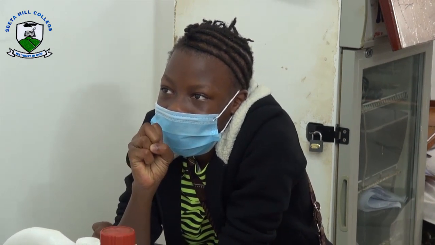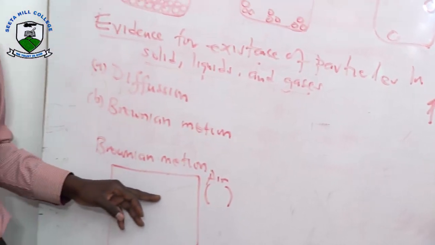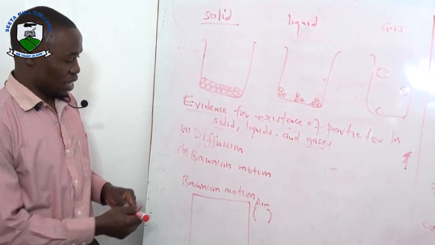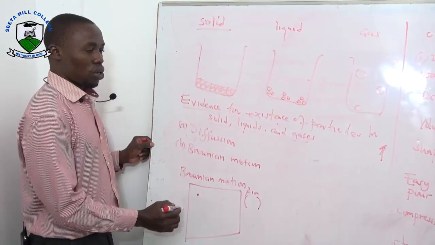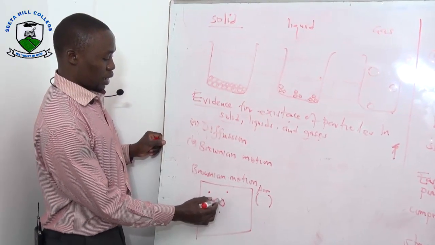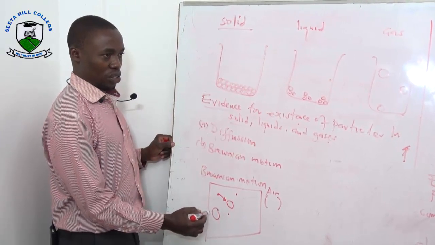Thank you very much, Patience. In simple terms, the moving dust particles are not just moving randomly from space. It's that the invisible particle, when it's moving, it would move in any direction.